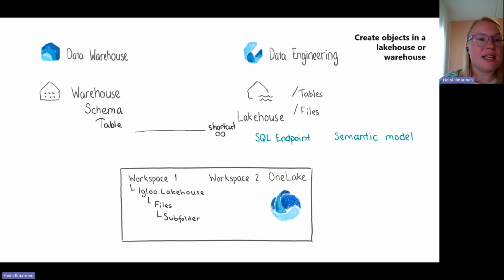We are able to create shortcuts to one lake and Azure Data Lake Storage Gen2 accounts, but there are other options as well. We can also create them to S3 in Amazon or S3-compatible storage layers. There are a lot of storage layers out there that are S3 compatible, and shortcuts now support them. There is also support for Google Cloud Storage.